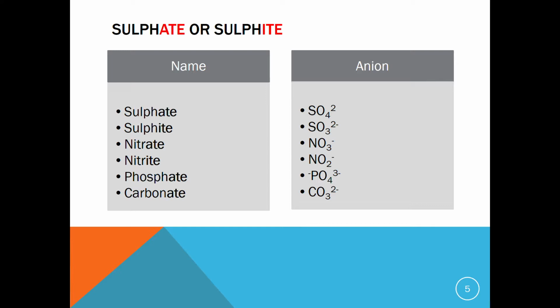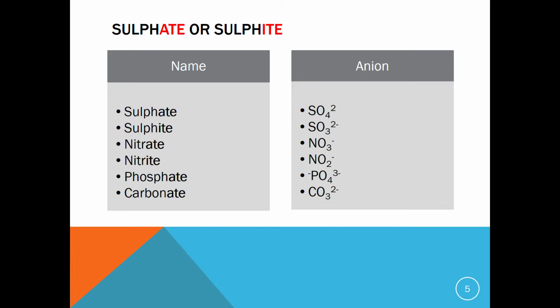It is the same with nitrite and nitrate, or nitrate and nitrite. Nitrogen's higher oxidation state is NO3- with a larger number of oxygens. It takes the ending "ate", therefore nitrate, and its lower oxidation state is NO2-.